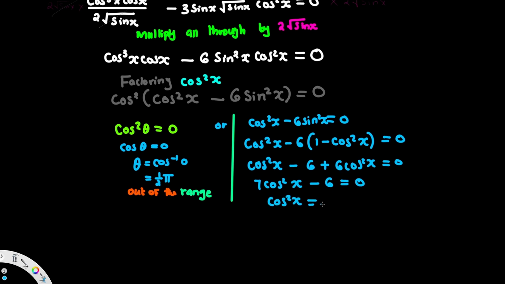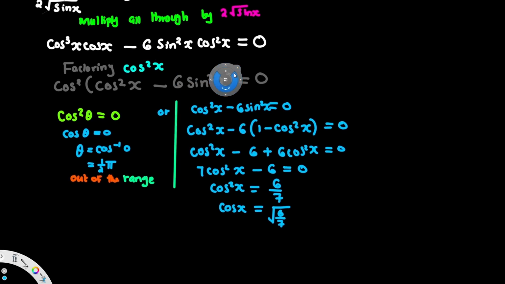If you take 6 to the other side and divide by 7 both sides, we have cos squared x equals 6 over 7. Then we find the square root both sides, and we have cos x equals root 6 over 7, which means x is going to be equal to the cos inverse of this particular part that we have here.